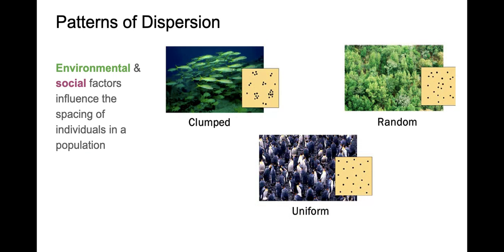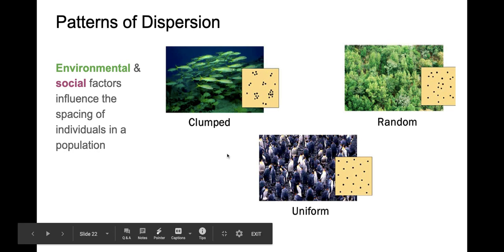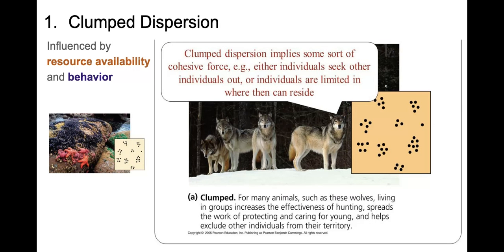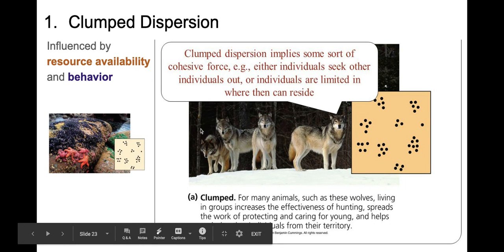Okay, remember I mentioned the patterns of dispersion? Well, the patterns of dispersion are going to be of 3 different types represented here, and the environmental and social factors are going to play a very important role in how these populations are spaced out. Okay, so let's talk about each one. The first one is the clump dispersion, and it's influenced by resource availability and behavior.